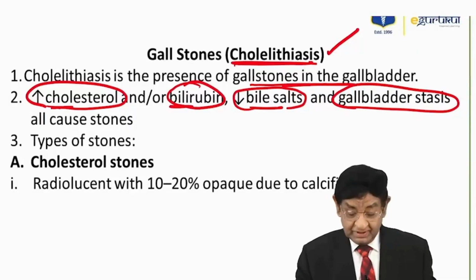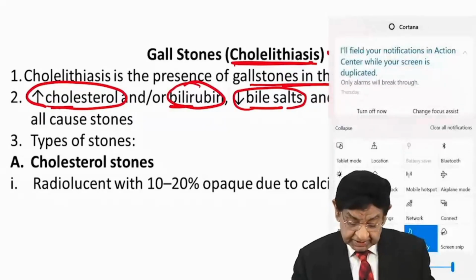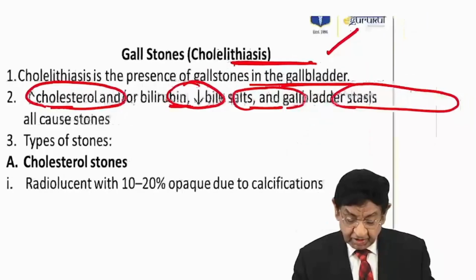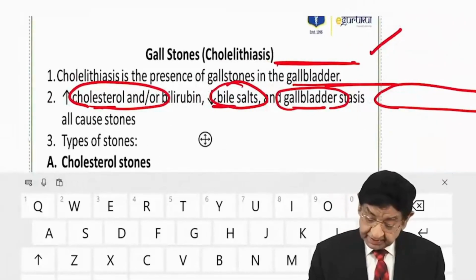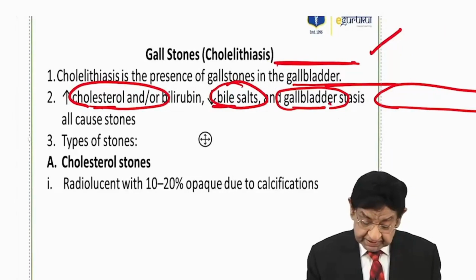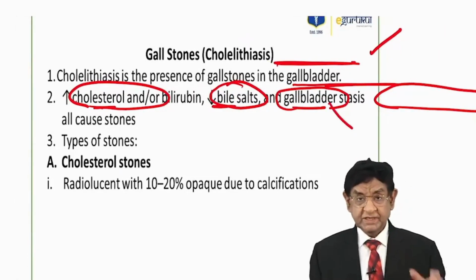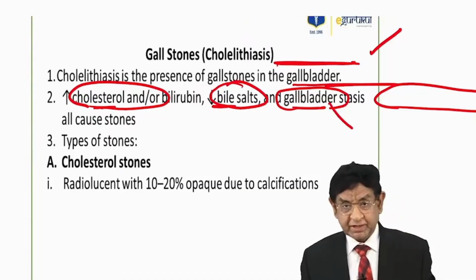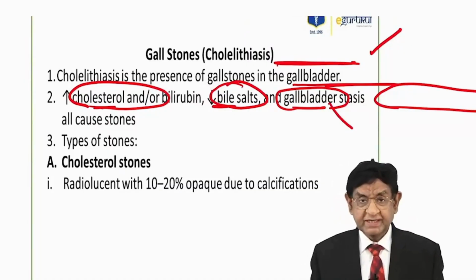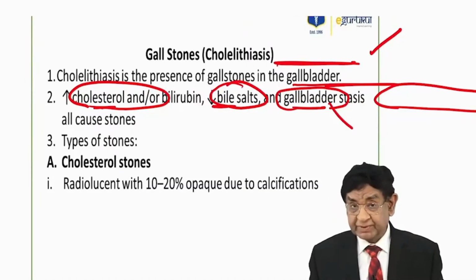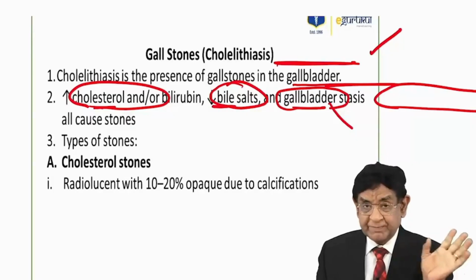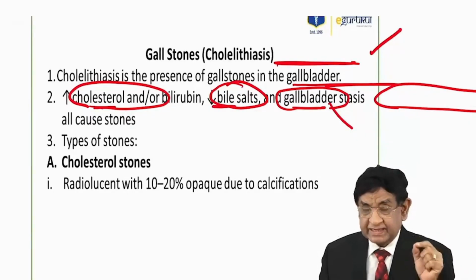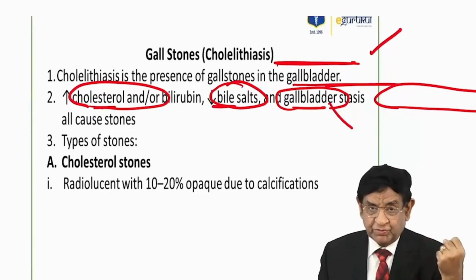Now about this particular word, gallbladder stasis: gallbladder contraction is done by cholecystokinin and it is reduced by somatostatin. So we need cholecystokinin so that the gallbladder keeps contracting, which leads to reduced stone formation.